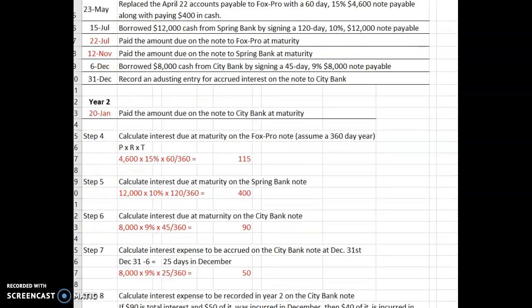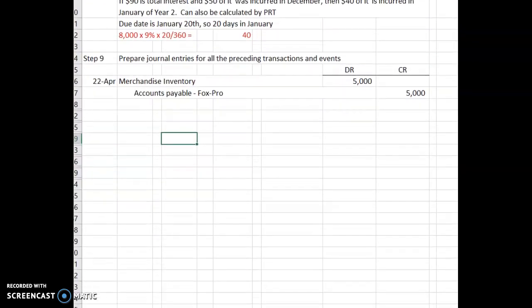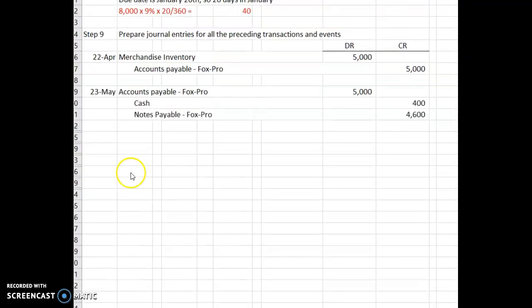Let's write that journal entry together. We need to debit accounts payable Fox Pro for $5,000 to remove this liability from the books. We need to credit cash for $400 because we did pay them $400, and we need to credit a new liability account, notes payable Fox Pro, for $4,600.